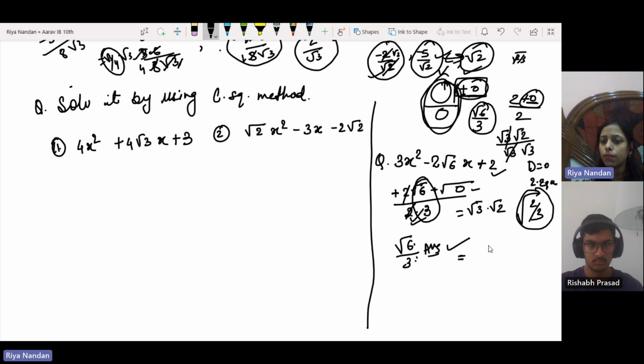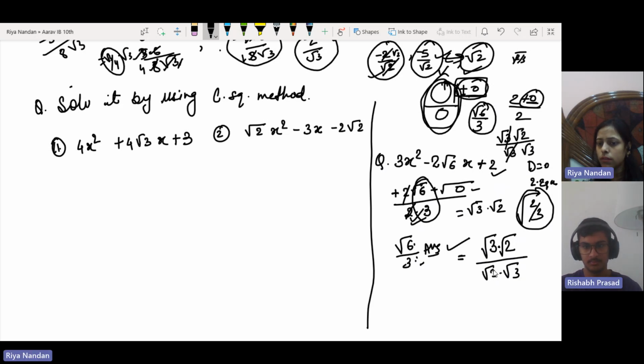We already know this. So we can write 6 as a multiple of 3 into 2, right? And there is a root in this. So what I'm doing is giving roots to both individually. The value would be similar to root 6, and the denominator would be root 3 into root 3, that would be 3, right?